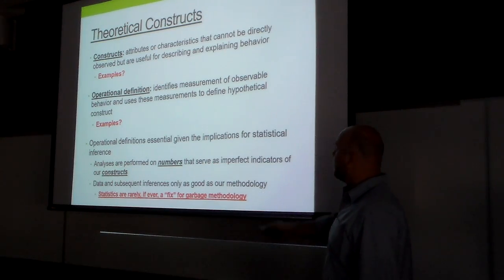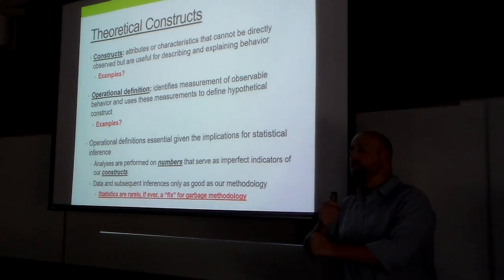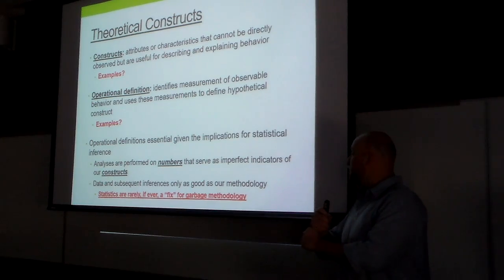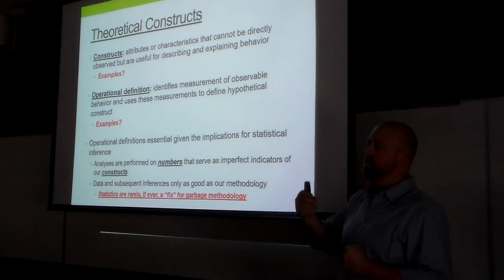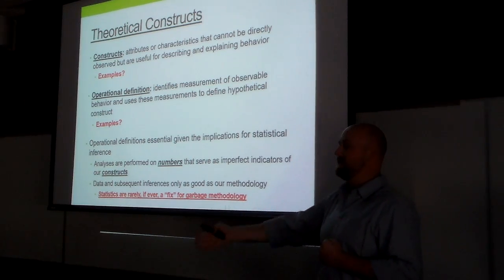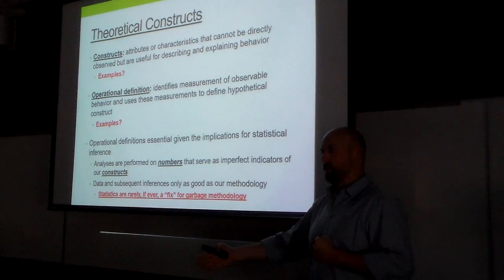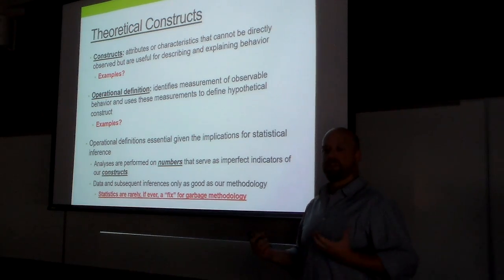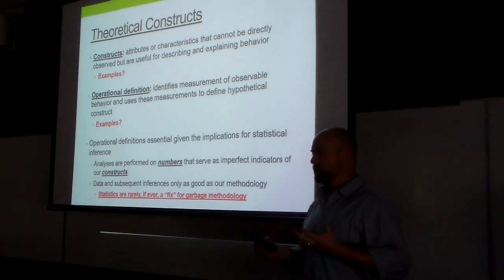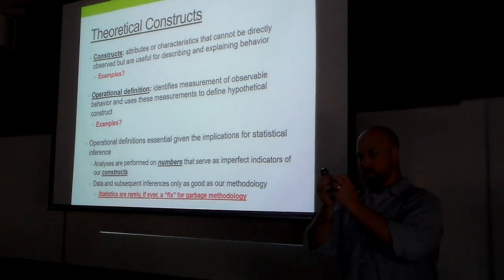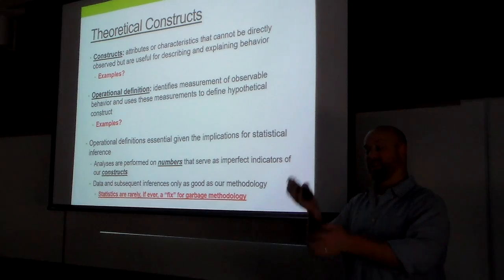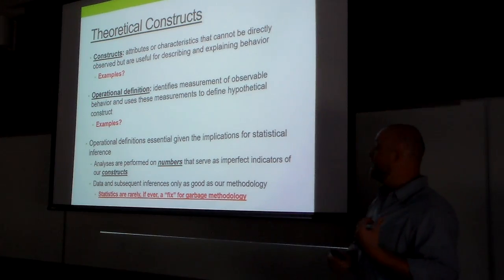And recognizing that we're performing our analyses on numbers that are imperfect indicators of our constructs, right? I say, oh, this is a relation between depression and PTSD. Well, my measure of depression is a Beck Depression Inventory, which we often use to measure depression, but that's not a literal manifestation of depression, right? There's a lot of other stuff that goes into that, right?